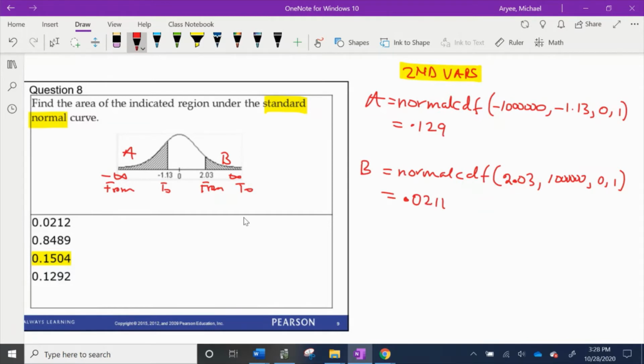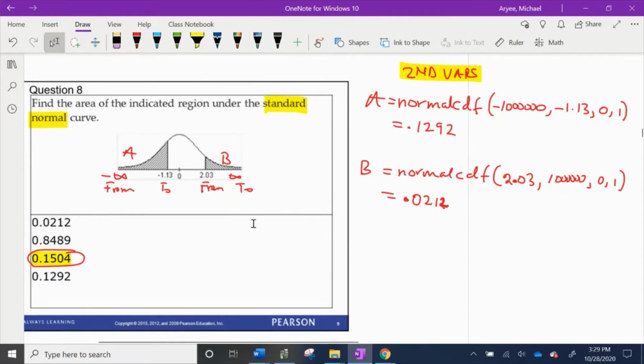For the first one, could we double check that again? Because usually it should be 4 digits. The first one is 0.1292. Okay. So you're going to add the 2 numbers and it will be something closer to 0.15. Okay, so we are good.